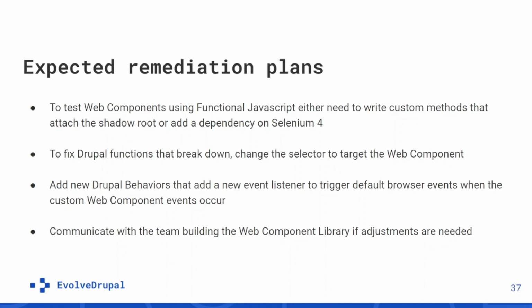So what does that mean? You need to have a communication pipeline open with the team that controls that decision making. And this is actually really healthy for projects, I think. What ends up happening is your web component library will add more support for use cases that make sense.